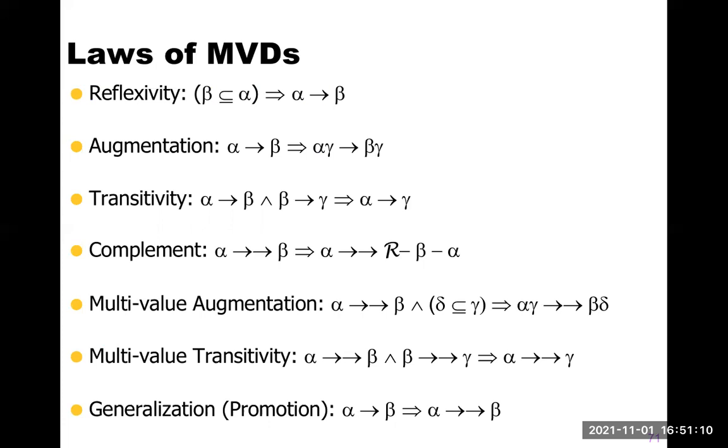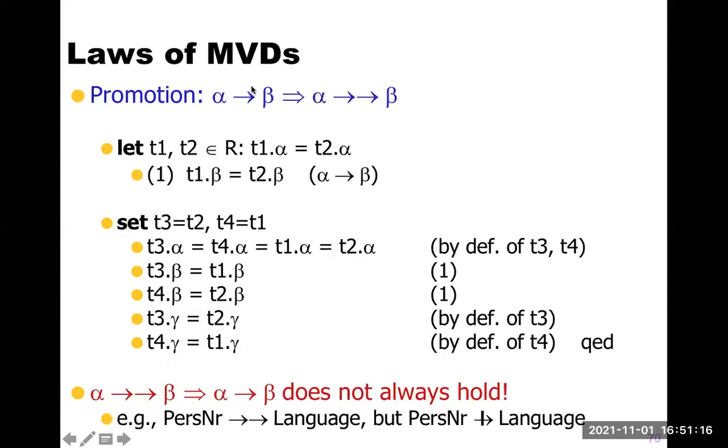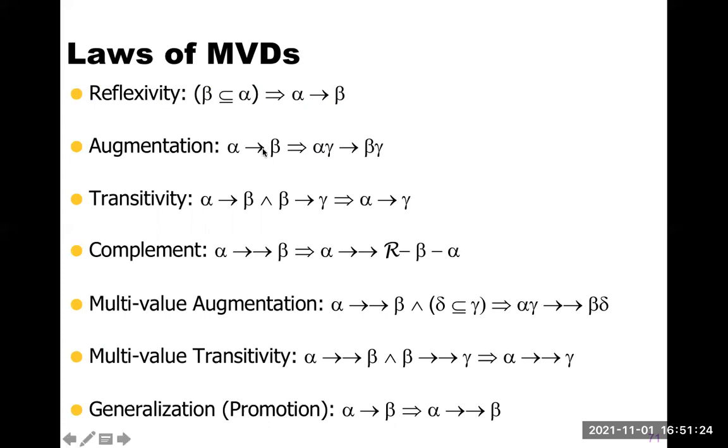And for each functional dependency, due to the promotion law, the multi-value dependency does hold too. Augmentation: we may add gamma to the left side and beta and gamma to the right side, so we may augment both functional and multi-value dependencies.